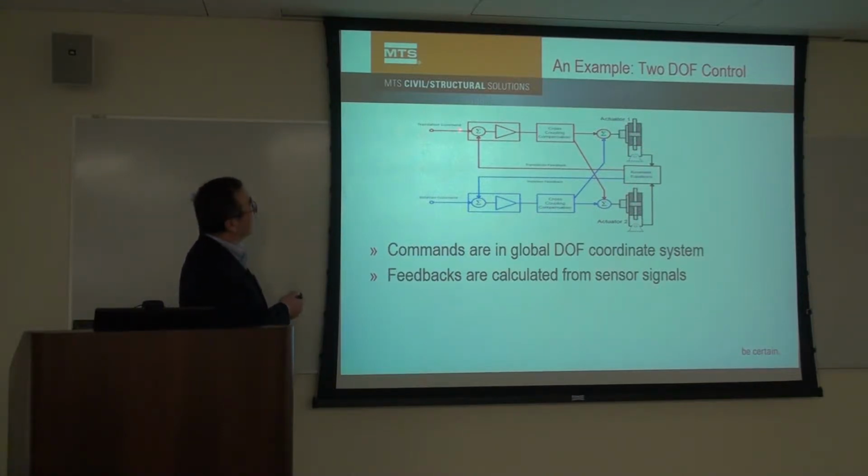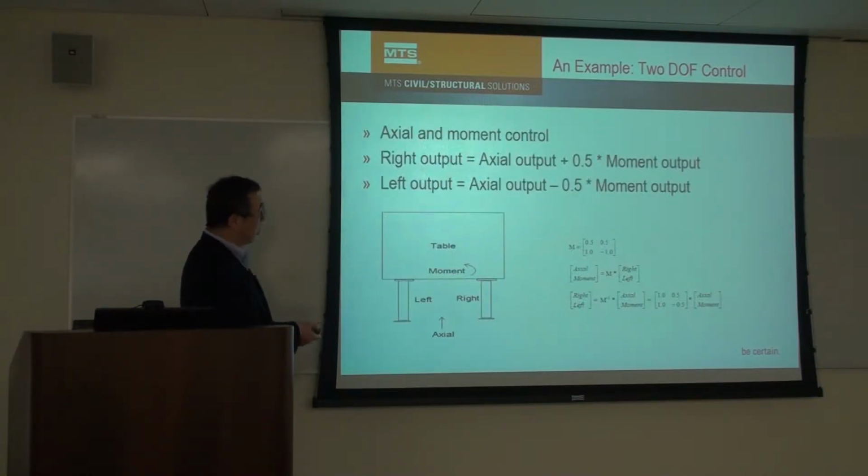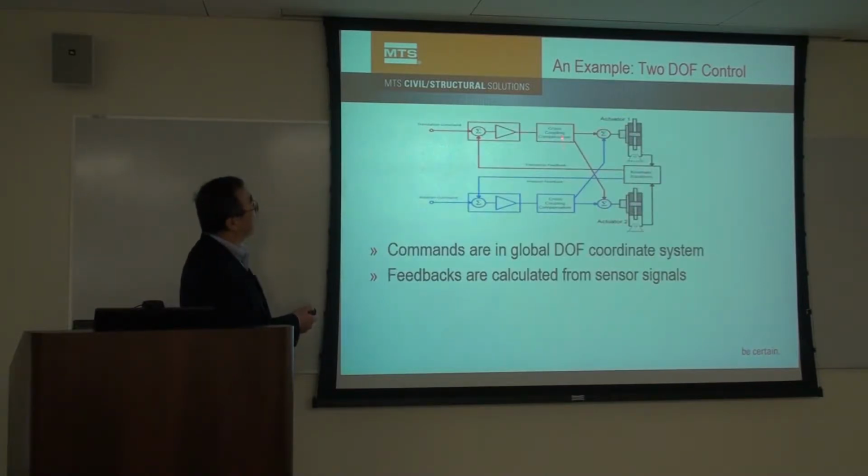The command has to be translation and rotation angle; through the calculation, it is converted to actuator space and given to the actuator. The feedback is the same: from actuator space it is converted to DOF space and given as feedback, making a closed loop.